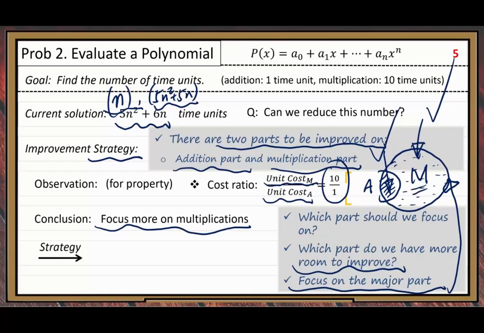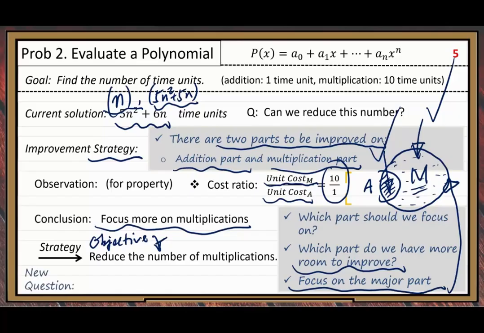Based on this conclusion, we set our strategy: reduce the number of multiplications. That's our next objective. We set our next round objective. But the question is how to reduce the number of multiplications.